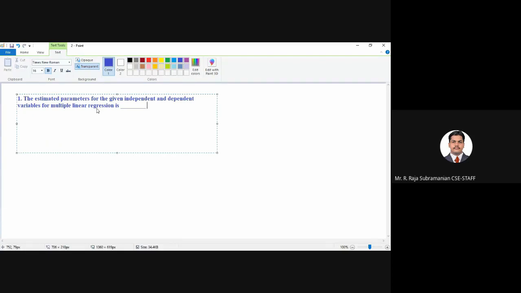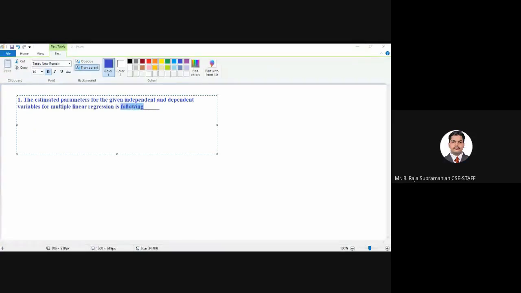That's what we're going to say, right? The estimated parameters for given independent and dependent variables for multiple linear regression is following: weights and bias. Yes, it is going to be weights and bias.